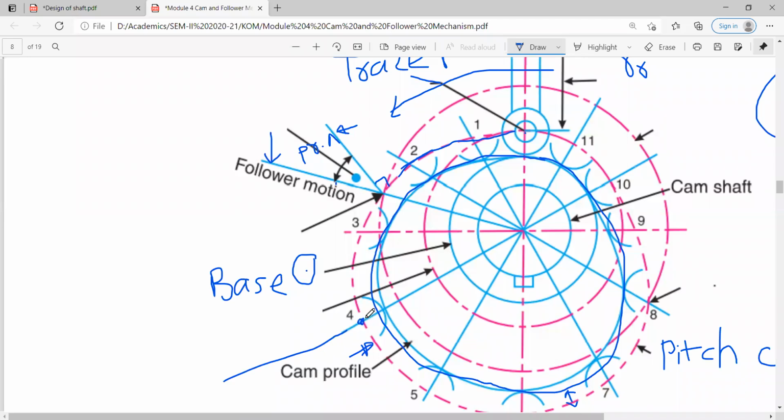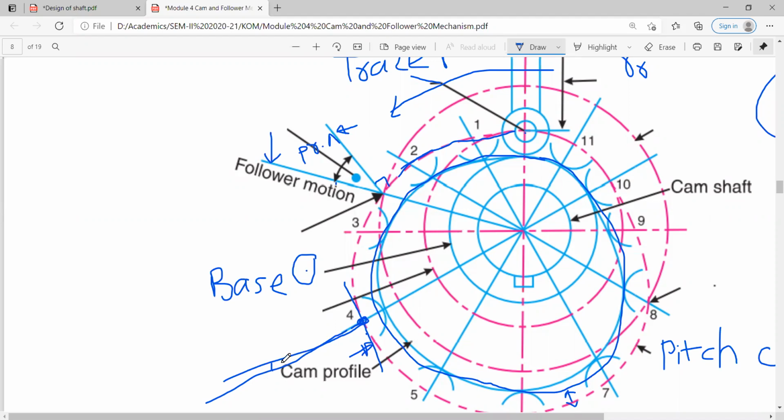Next, at this particular point, I will draw a normal to the pitch curve. For the normal, first draw a tangent to the pitch curve at this point, and the perpendicular to this tangent is nothing but the normal to the pitch curve. Whatever the angle between these two lines will be your pressure angle.